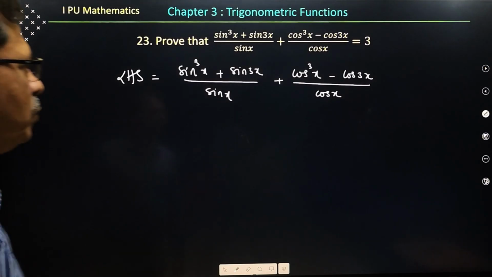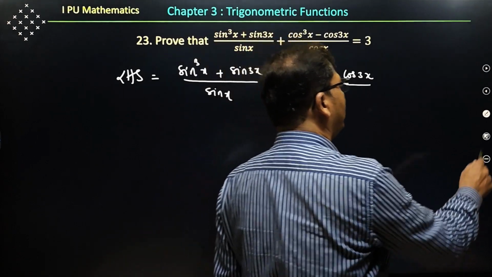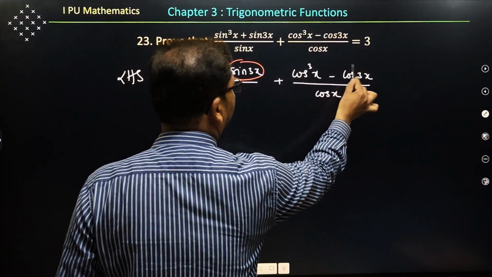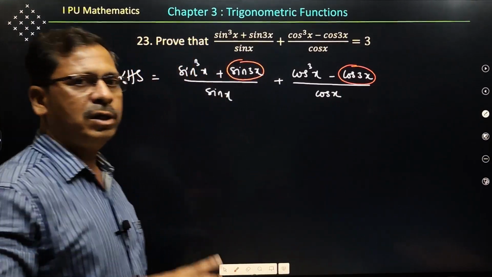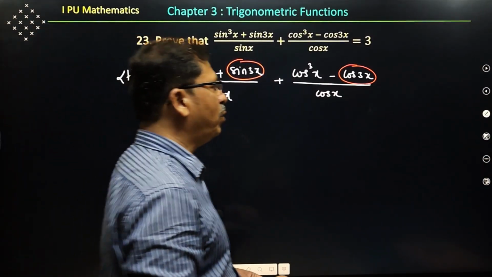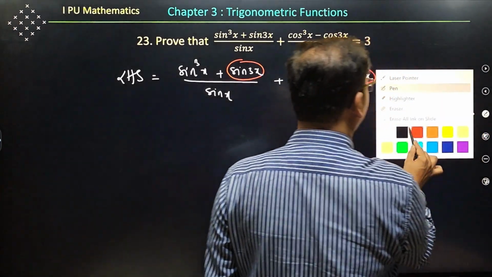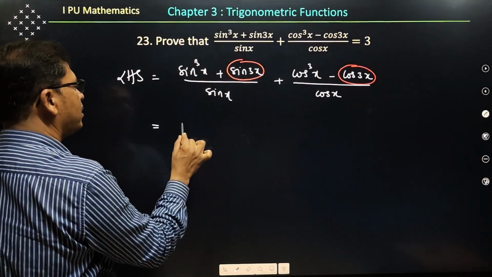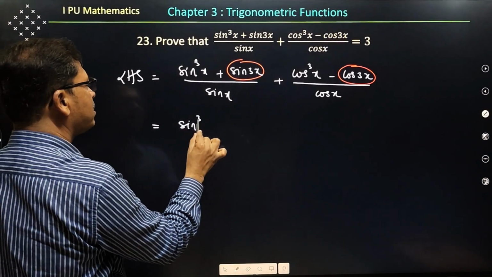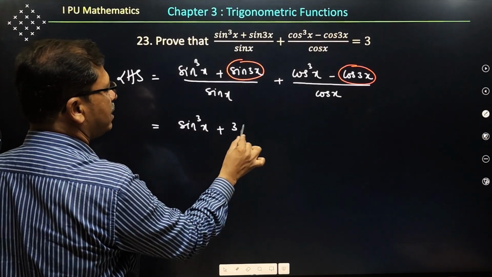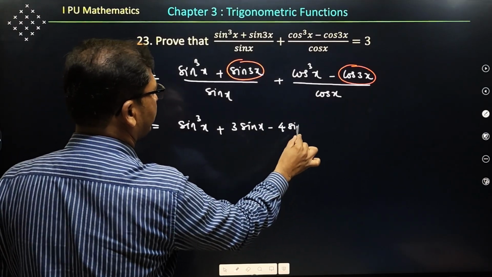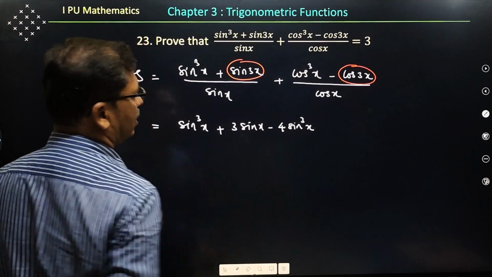Now I would like to use the formulae for sin 3x and cos 3x. Different multiple angle properties are there here. Use those multiple angle properties for sin 3x and cos 3x. So this is simply sin cube x plus 3 sin x minus 4 sin cube x, this is sin 3x.